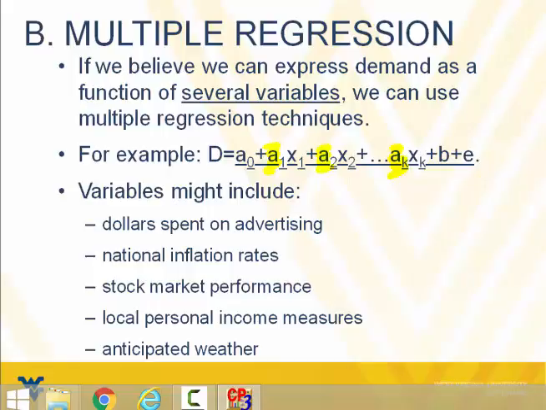Now here, instead of B, I'm using another form of notation for the coefficient. So this is just another way of saying B, which is A sub 0, which is the intercept of this equation. And you'll see both when you look at textbooks or papers or reports. It's just a preference thing.